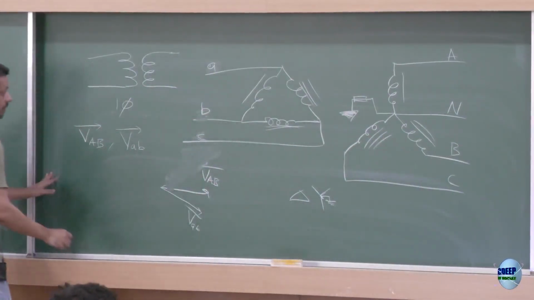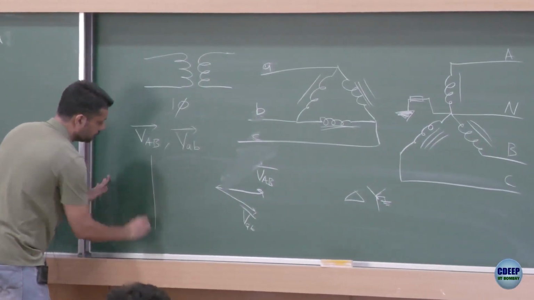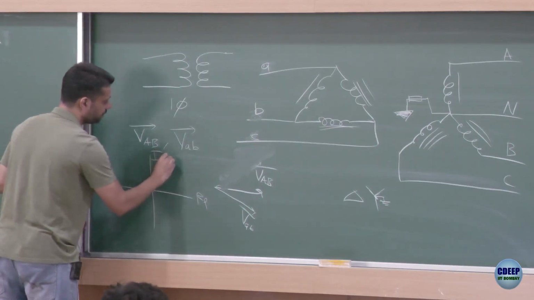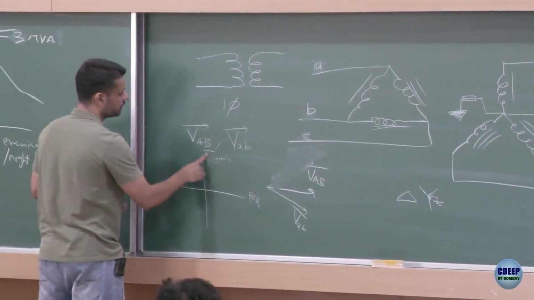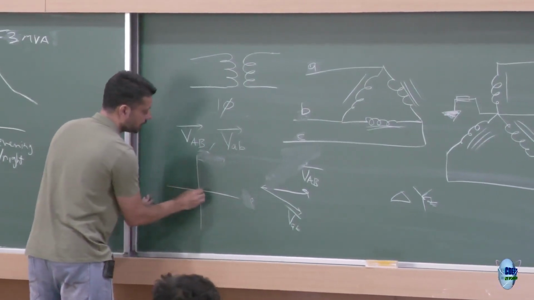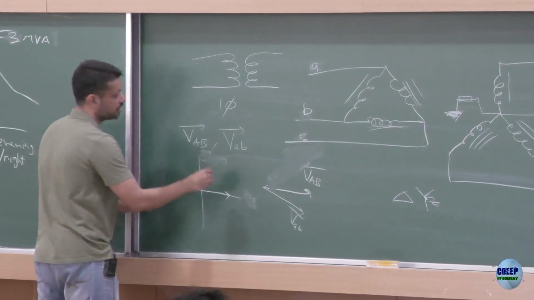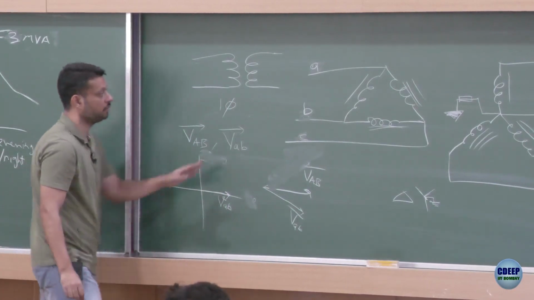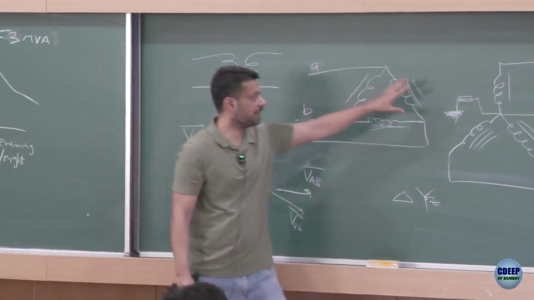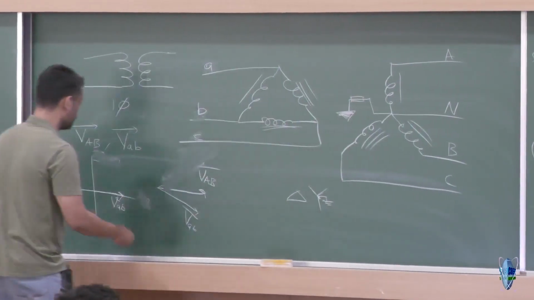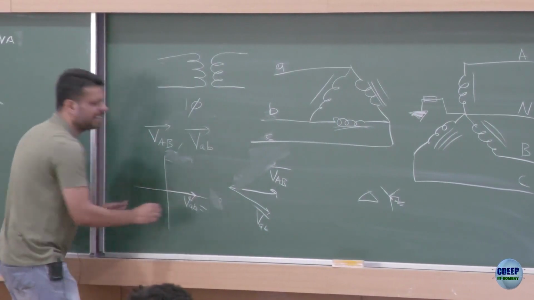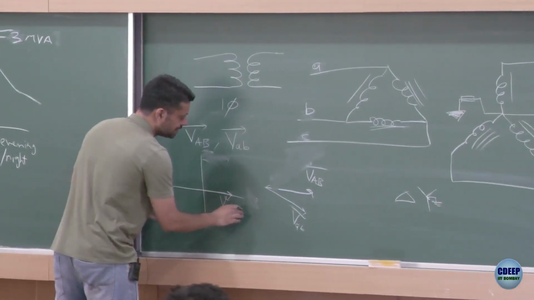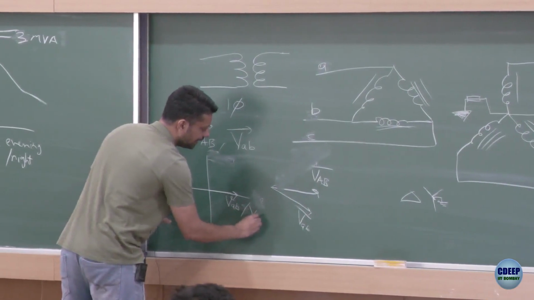Okay, if this is your real axis and this is your imaginary axis, these are just phasors. If this is your small Vab, this small Vab will have the same phase as VAN. There is a magnitude difference, we will come to that, but in terms of phase it is the same as VAN.